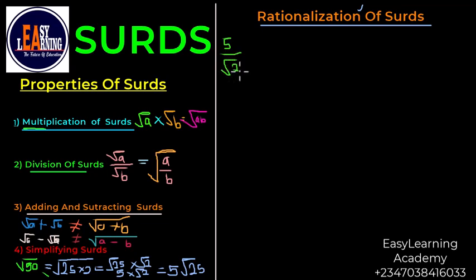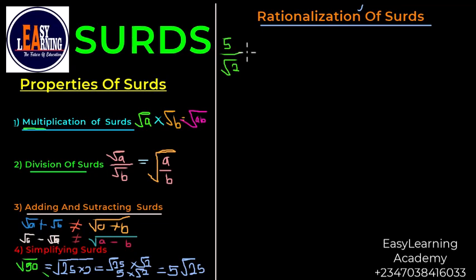Now you look at this denominator here, we have a surd, and we want to remove it, because anytime we are solving a problem and you have your answer in this form, it is good and advisable to take away this surd as a denominator.